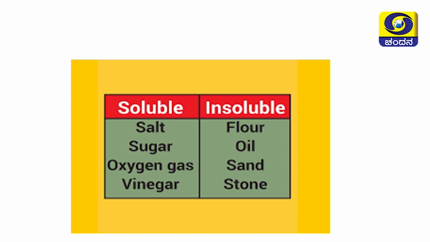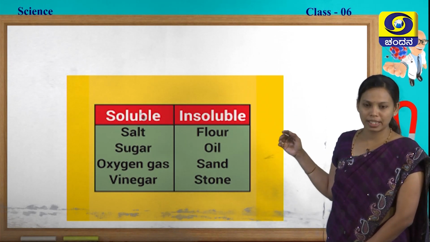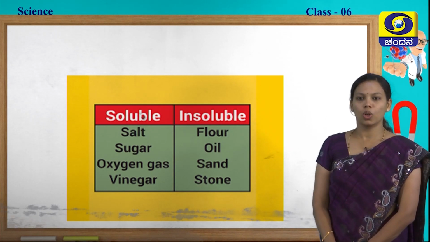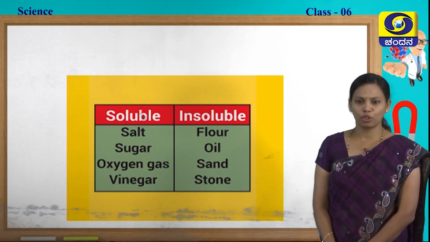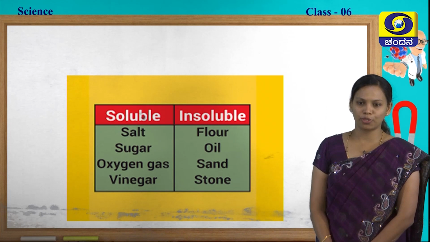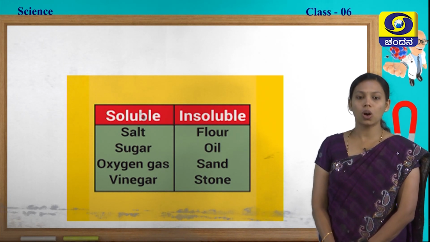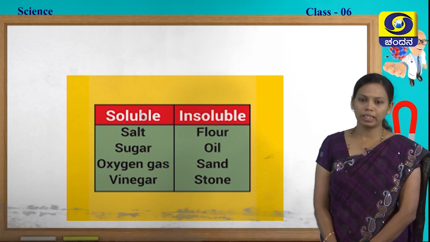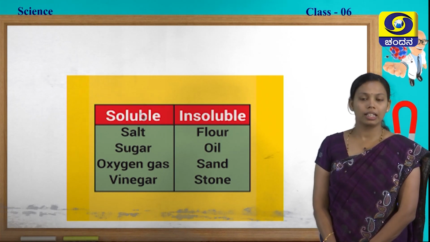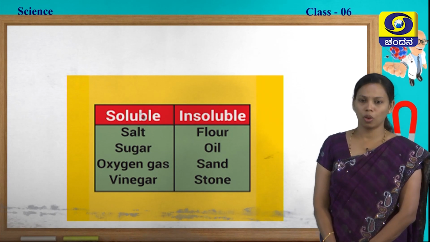It is not necessary that all the substances should be in the solid form only. It may be in the liquid form or else in the gaseous form. All these are the soluble substances, whereas flour, it may be ragi flour, wheat flour or else rice flour, and oil, sand, stone, all these are known as insoluble substances because they do not dissolve in the water.